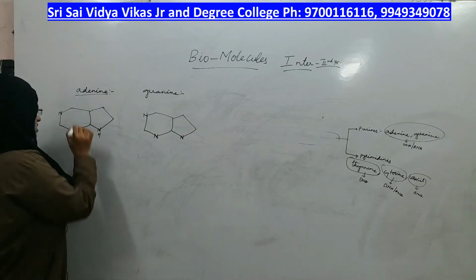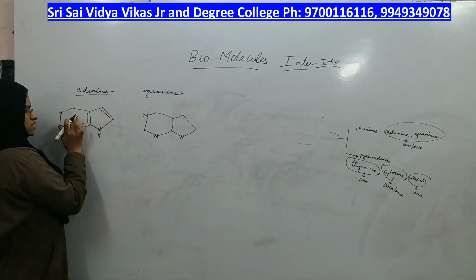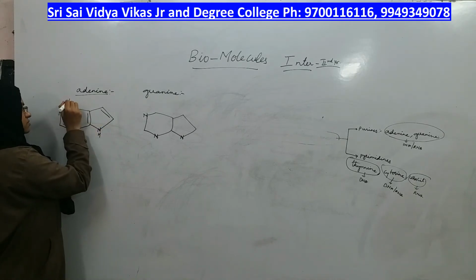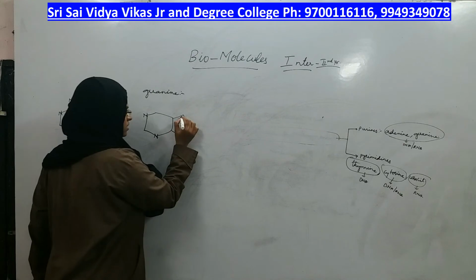Right? This one is a 6-membered ring, the other is a 5-membered ring. Right? Same way.